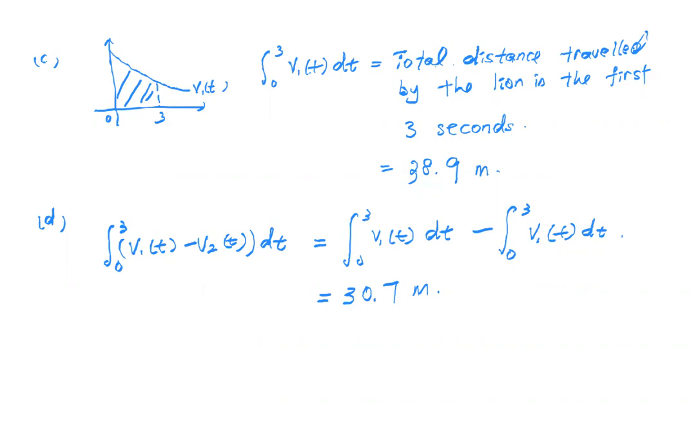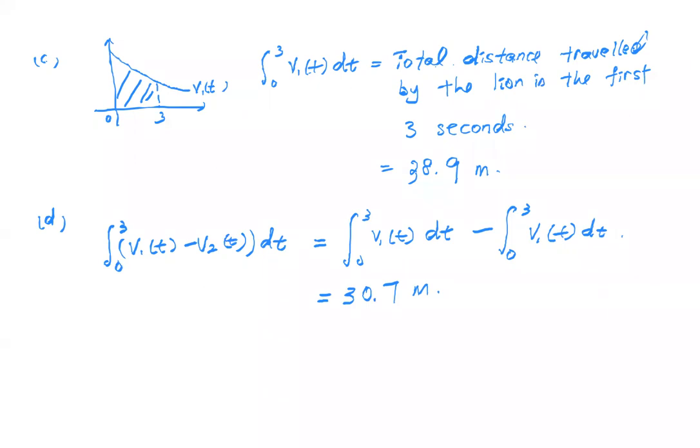Correct or not? So I will say that in the first 3 seconds, the lion has traveled 30.7 meters longer or further, up to you to say, than the zebra. Am I right? So you see how I interpret? That is how you interpret this part. Have you written down?